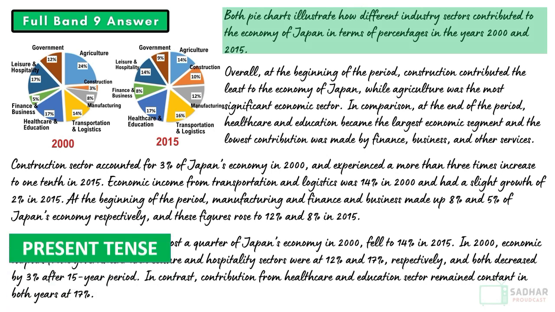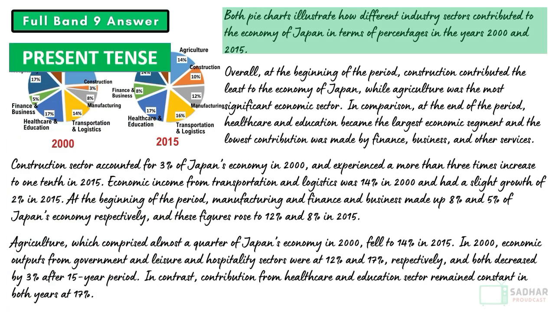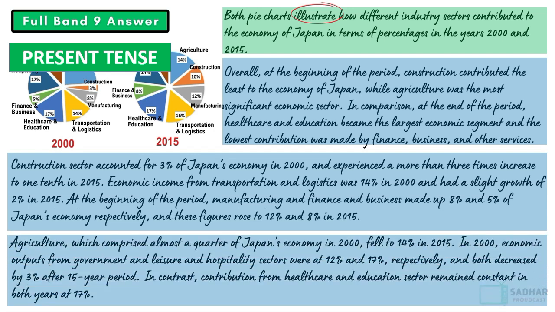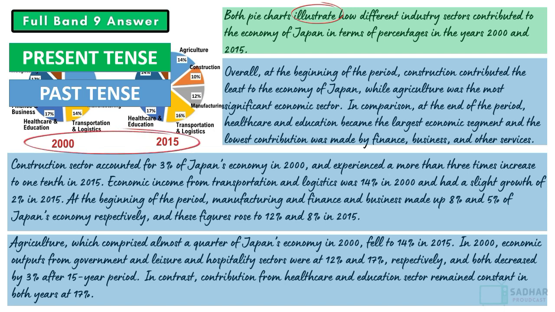First paragraph, we write in present tense. That's why we have the word illustrate. Both pie charts illustrate, not illustrated, but illustrate. And then for the second paragraph, third paragraph, fourth paragraph, we write in past tense, because everything already happened in the past, in the years 2000 and 2015.